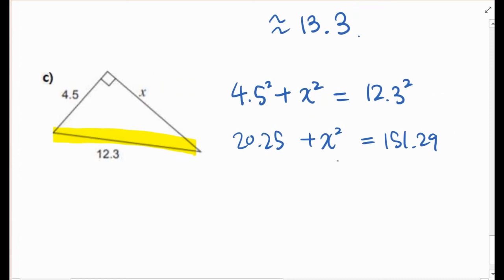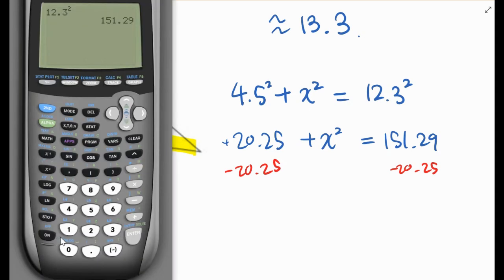So we're going to find x. So to find x, we have to isolate x. So remember, if there's no sign, this is plus, positive. So we're going to subtract 20.25 to isolate x squared. So 151.29 minus 20.25.